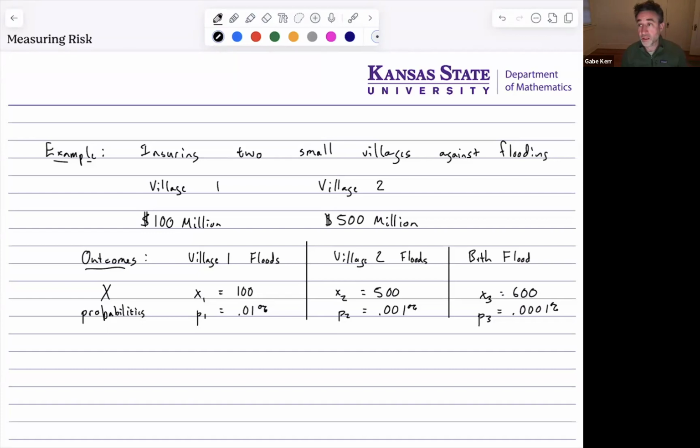That way you can get an idea of how much to price these insurance policies. So this is just a simple expected value scenario. You want to calculate the expected value, which is P1 times X1 plus P2 times X2, plus P3 times X3.